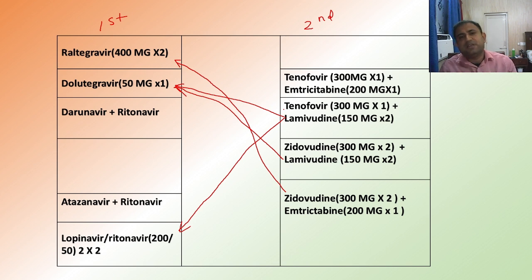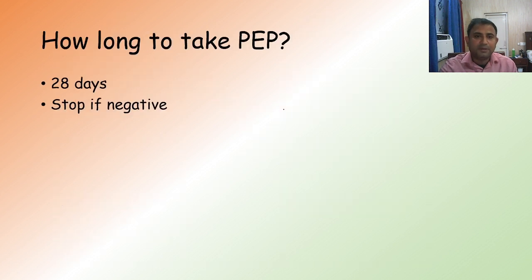In case the person is a known case of CKD or CLD, please do refer him to a medical specialist for further advice. But the first dose has to go within 2 hours. That is in the ideal situation, that is what is supposed to be achieved. How long to take PEP?